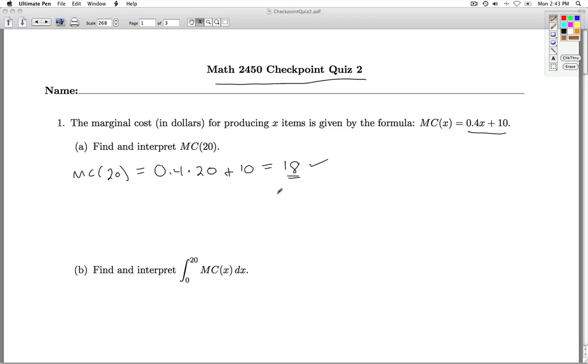Well, we think back to Calc 1. The marginal cost is an approximation. How much the cost will change if I increase production from what I'm currently at to one more.